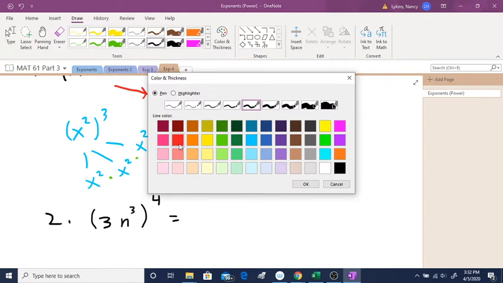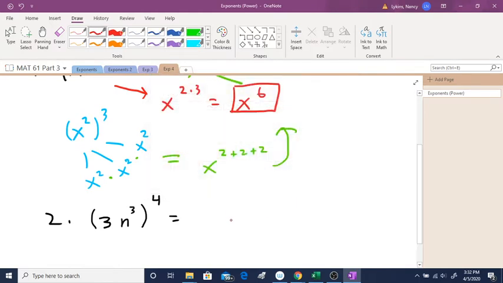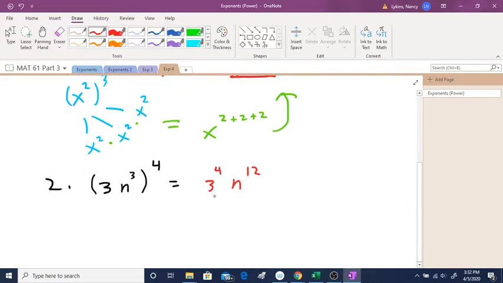Now, most of us are going to think, okay, 3 times 4, so that's going to be n to the 12th. But what do we do with this 3? This 3 we also take to the fourth power. Now, in my first video, I showed us how to do this. So 3 to the fourth power would be 81 n to the 12th.